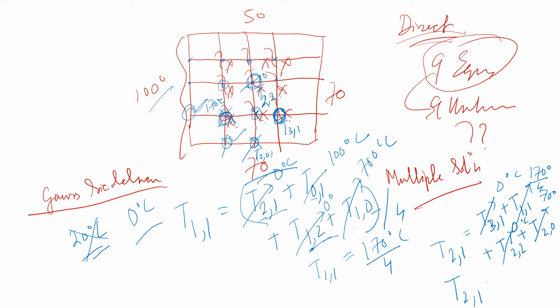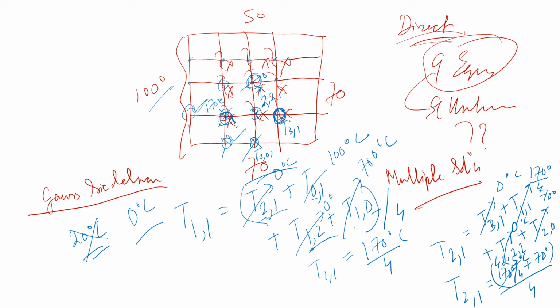So T21 will be 0 plus 0, plus 170 degrees by 4 plus 70 degrees, all divided by 4. Correct? So this will be 42.5.